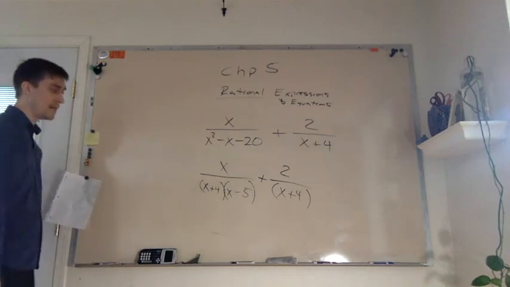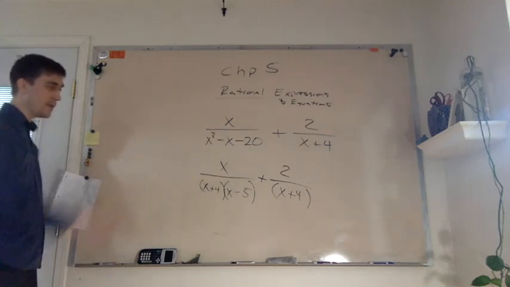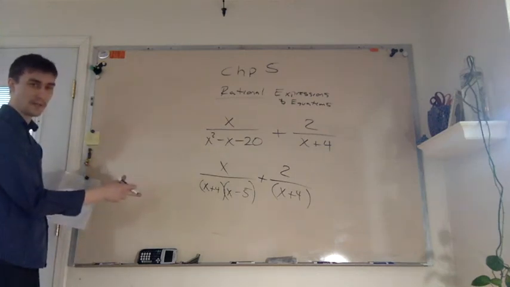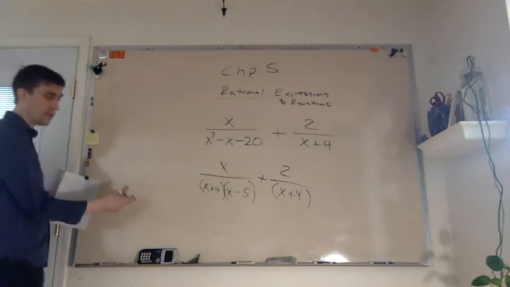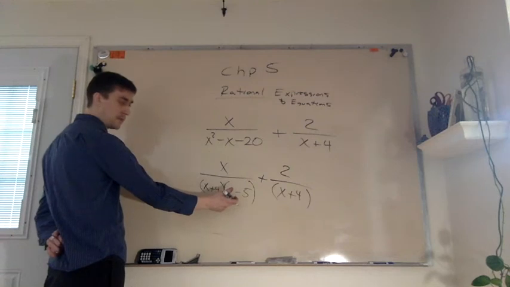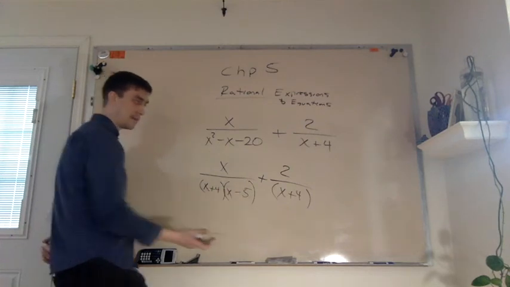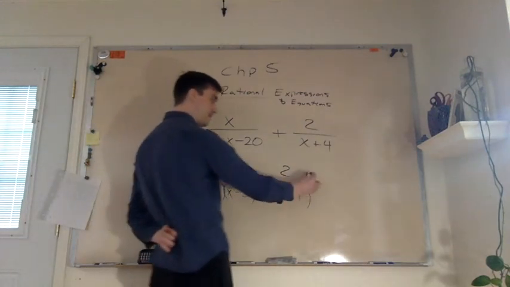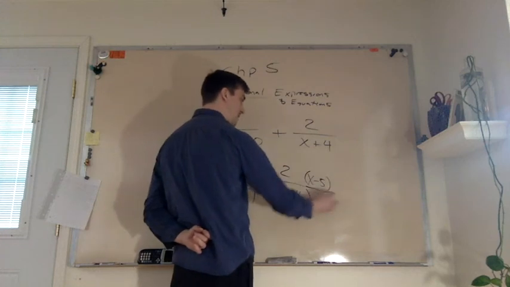Right, now to identify the lowest common denominator. Maybe you don't need to run this process to find the lowest common denominator here. The lowest common denominator is going to be x plus 4, x minus 5. So this one already is that. In order to make this one that, you need to add in x minus 5 on top and bottom.